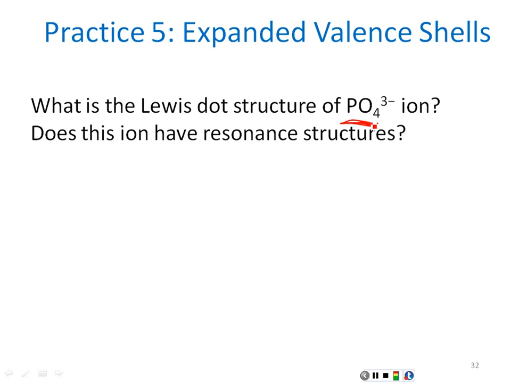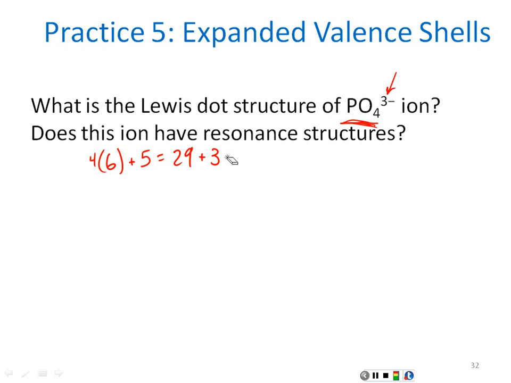Our first step would be to calculate the number of valence electrons. So oxygens will have 6, so we have 4 times 6. Phosphorus has 5, so that would give us a total of 29. But we have the minus 3 charge, so we have to add 3 electrons for that.